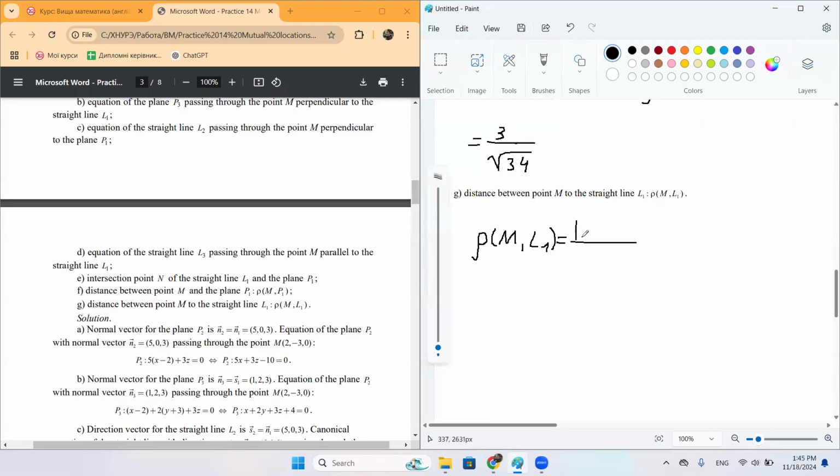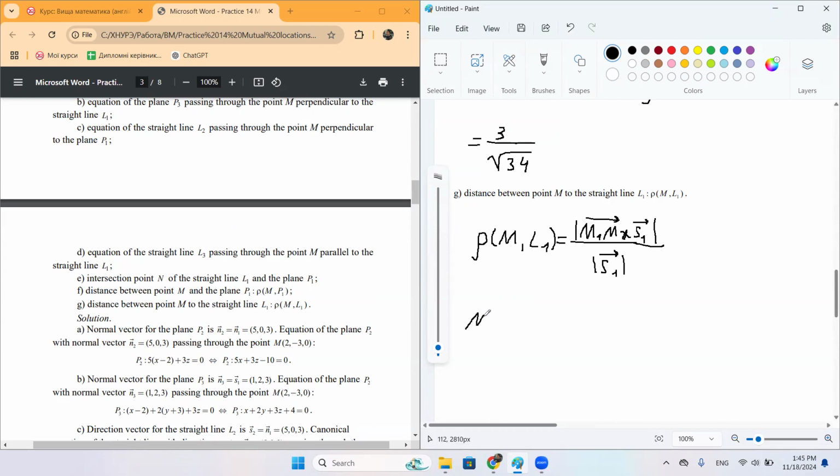So we divide the magnitude of the vector, what we call M1M, by S, so the cross product with S1, divided by the magnitude of S1.